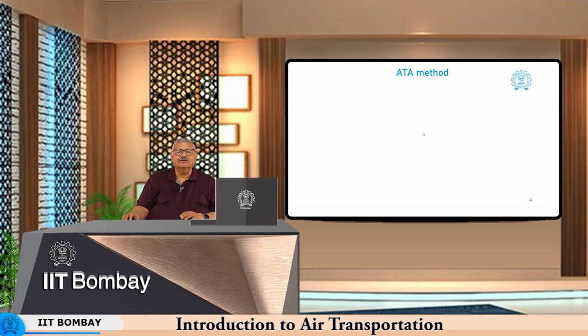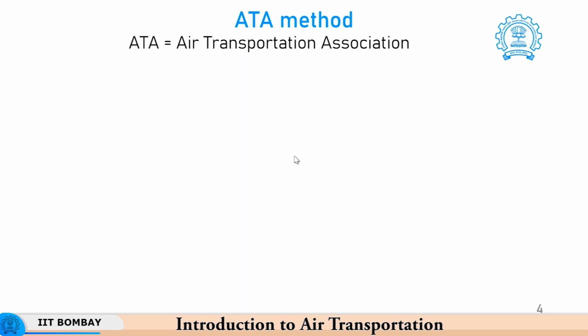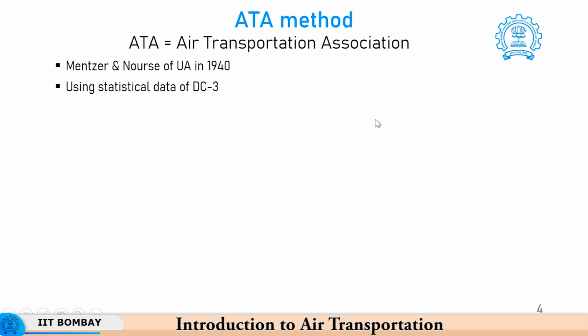So, let us look at each of these models one by one and try to familiarize ourselves with its important and distinguishing features. The ATA method, as I mentioned, came from the Air Transport Association. It was proposed in 1940 by Menzer and Norse of United Airlines. So, this model has come based on the data from the industry.